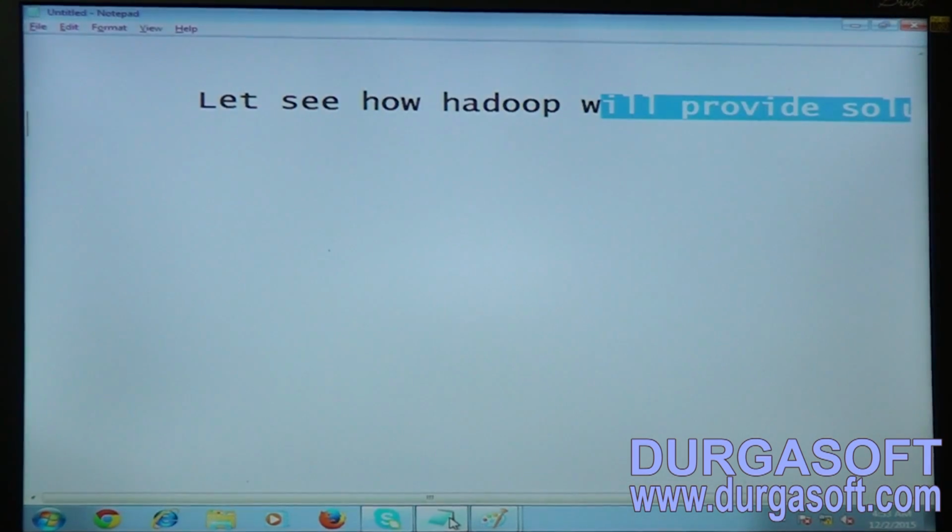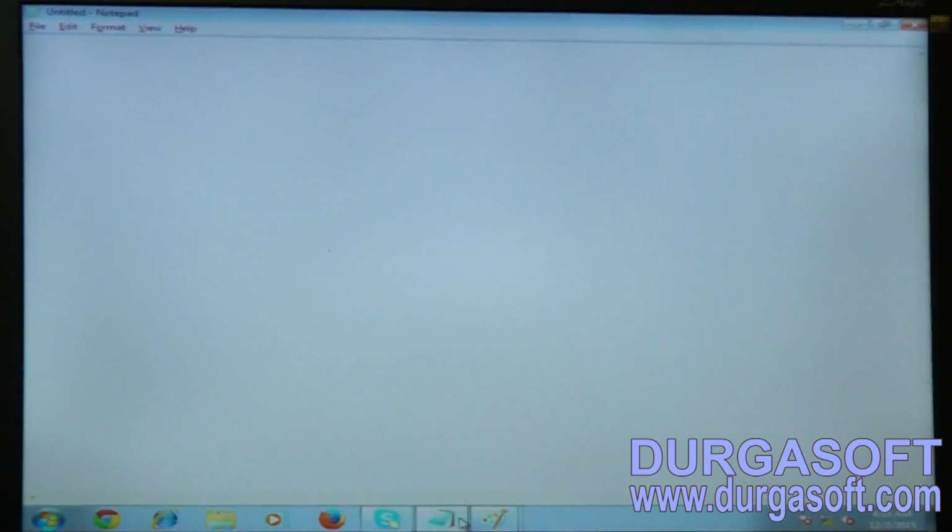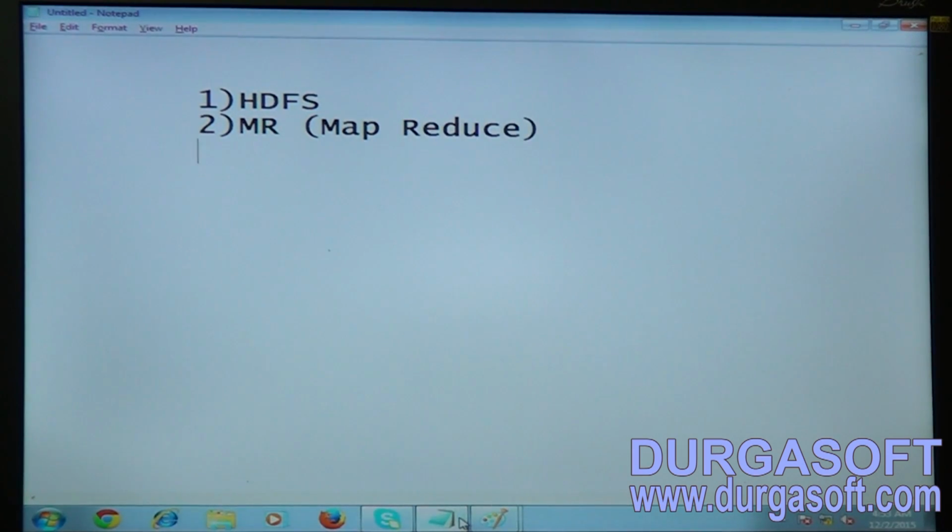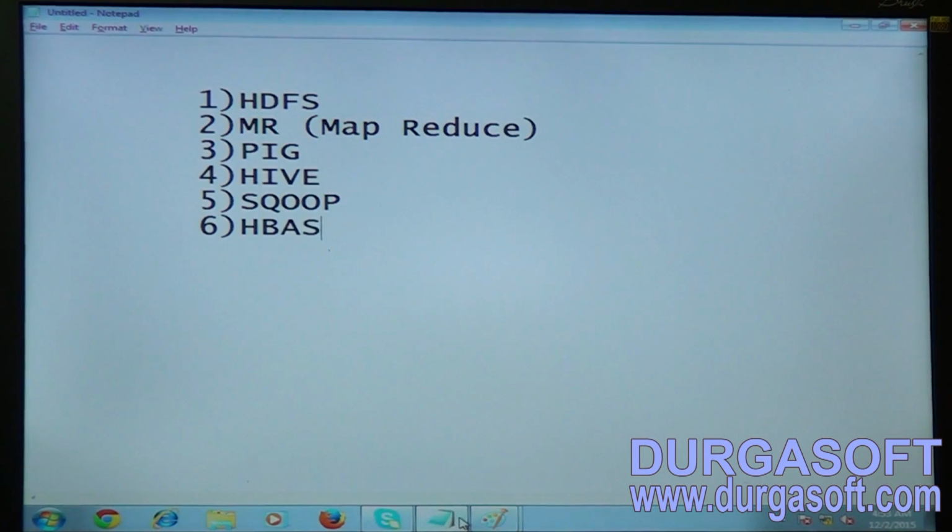So in this session on Hadoop, I'm going to teach these topics: first HDFS, second MapReduce, third Pig, fourth Hive, fifth Sqoop, sixth HBase, as I was saying, which is built for handling unstructured data, and OBIEE.